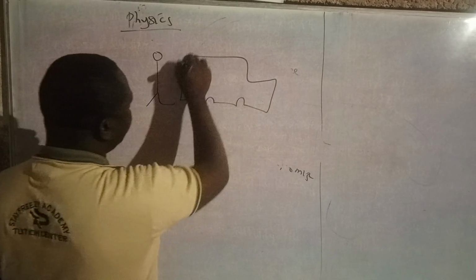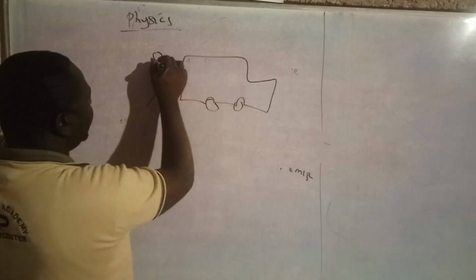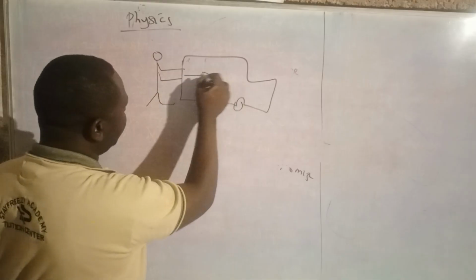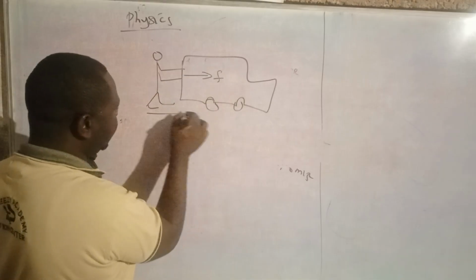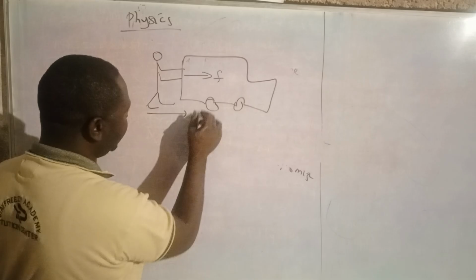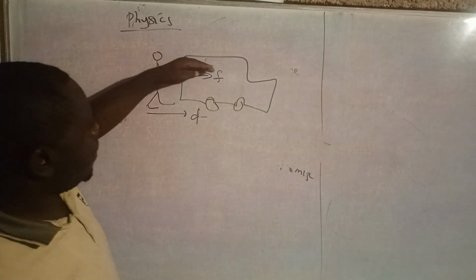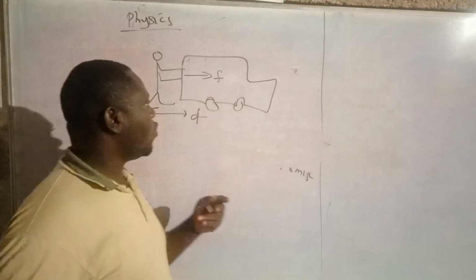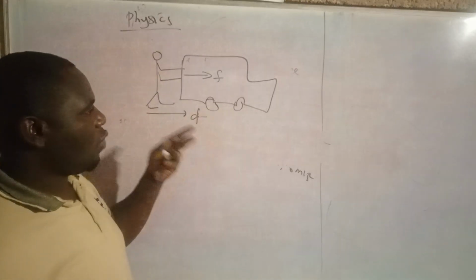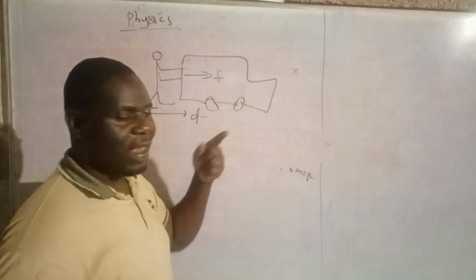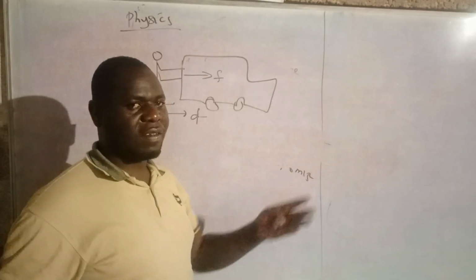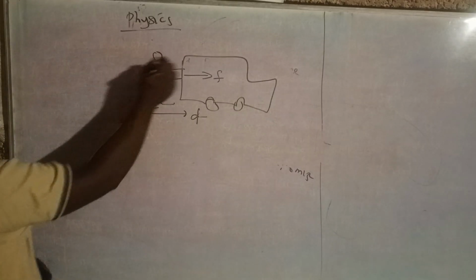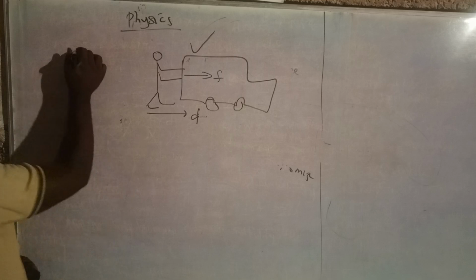Since the force of this person is going in this direction, and the distance is going in the same direction, the force and distance are moving in the same direction, which means there's work done. Work can only be done when the force and distance are both moving in the same direction.